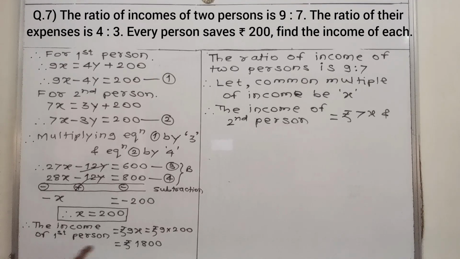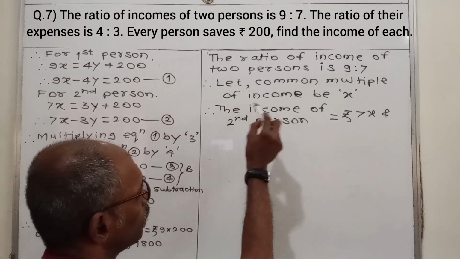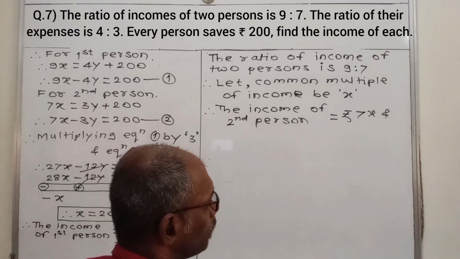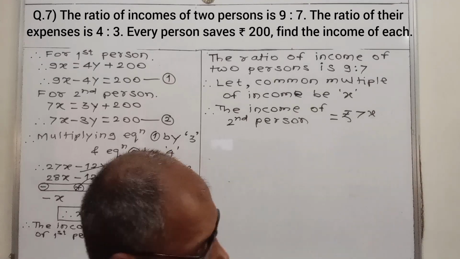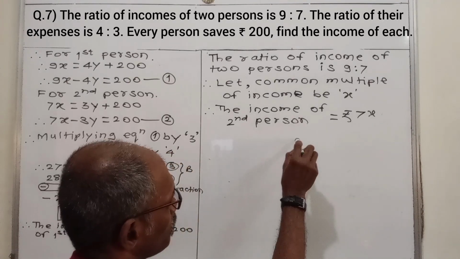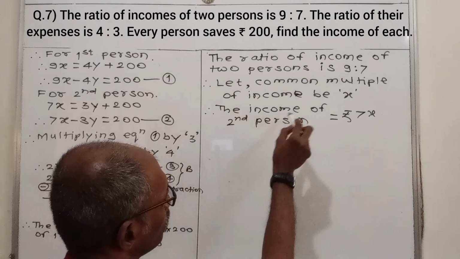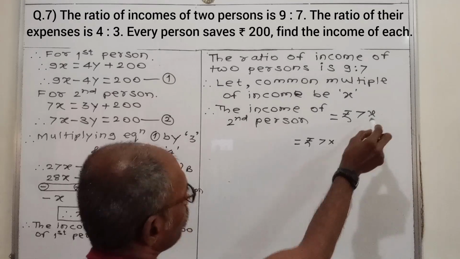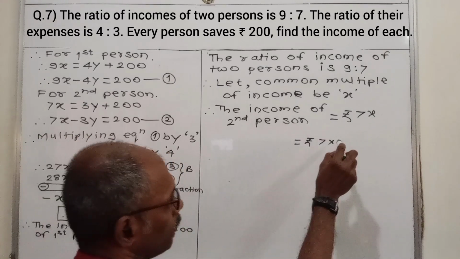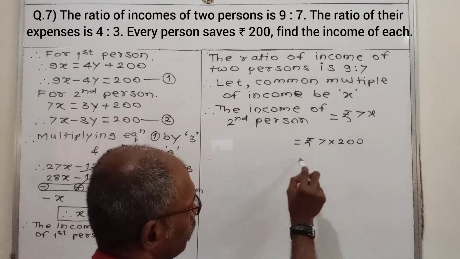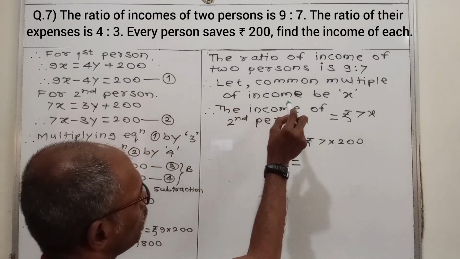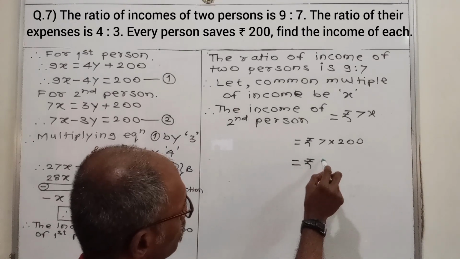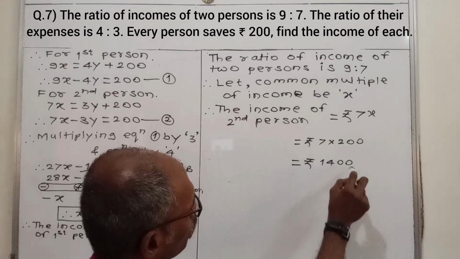After getting the income of first person, we will find the income of second person, equal to rupees 7x. Okay. Therefore, here the income of second person is equal to rupees 7 into value of x. Value of x is 200. Therefore, the income of second person is equal to rupees 1400.